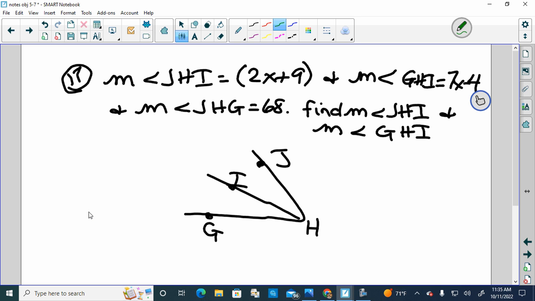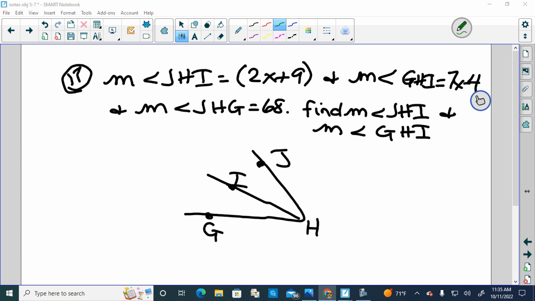So that's 7x minus 4. Okay, so you're thinking of the angle addition postulate.